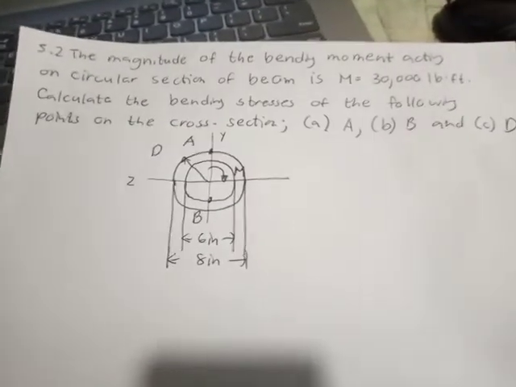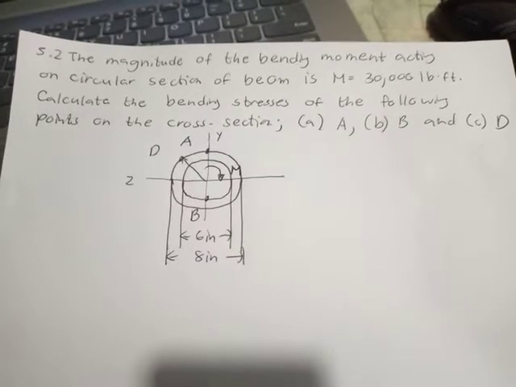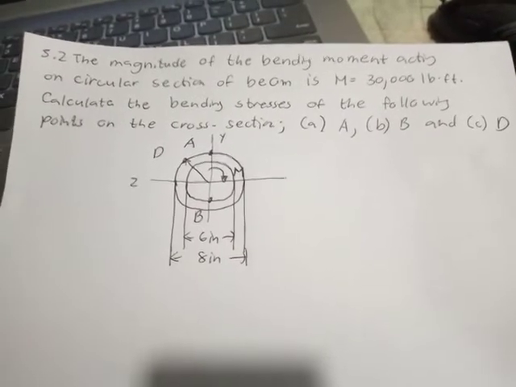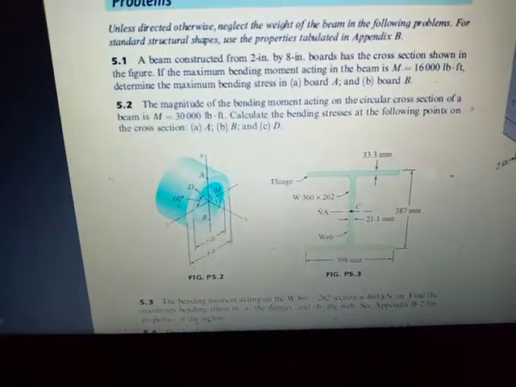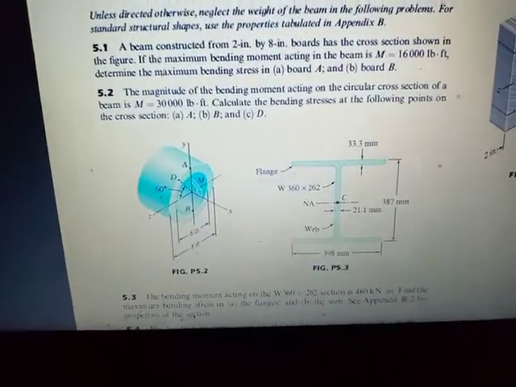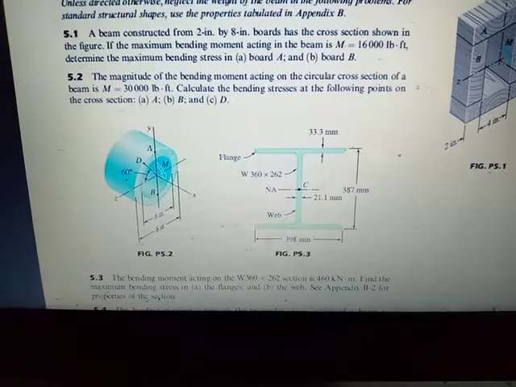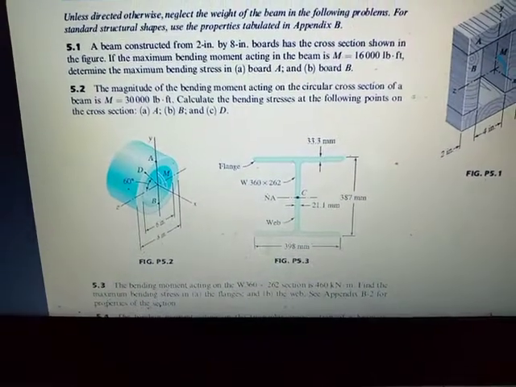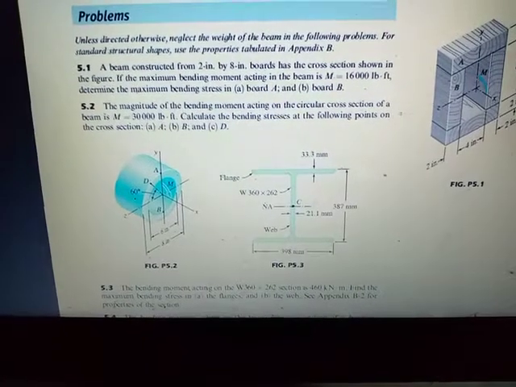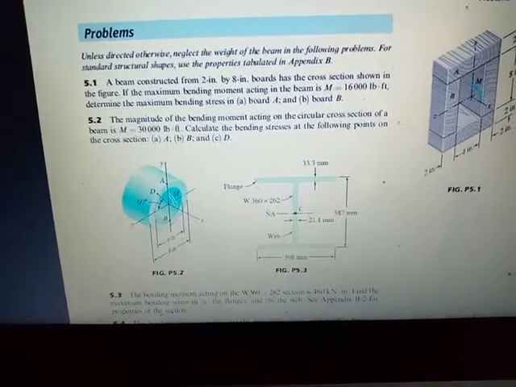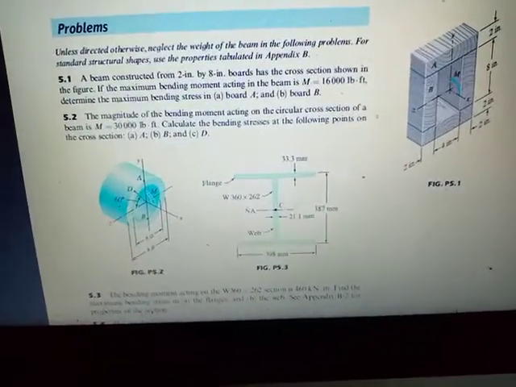I have just copied, and from the figure 5.2 I tried to get the cross-section area, so that we will not waste too much time. This is actually a 3D, so I make it in 2D. So this form.